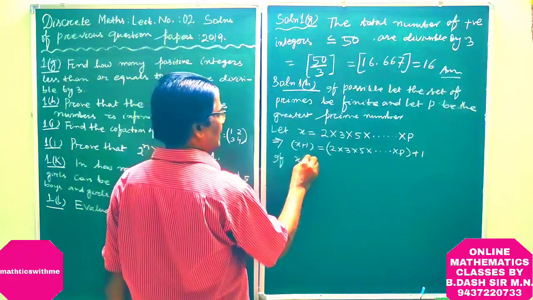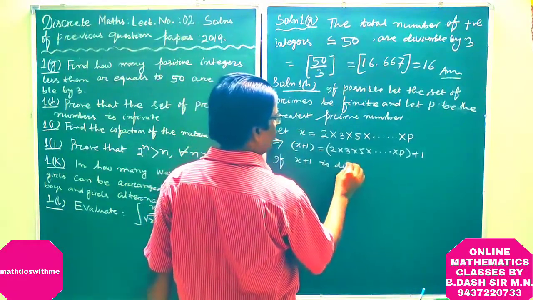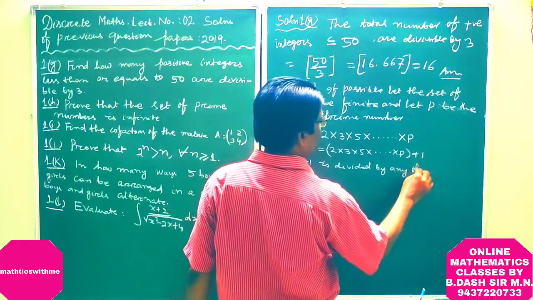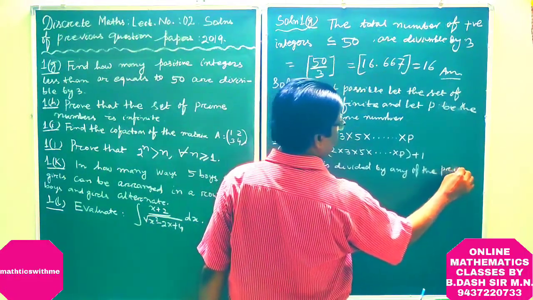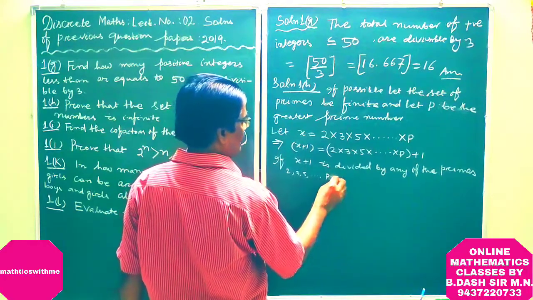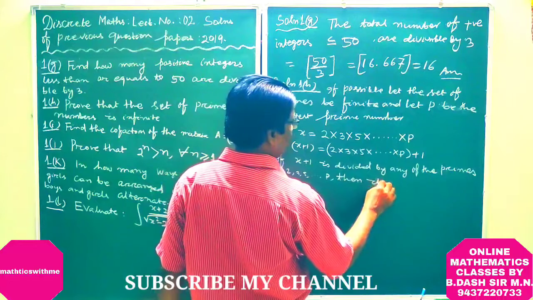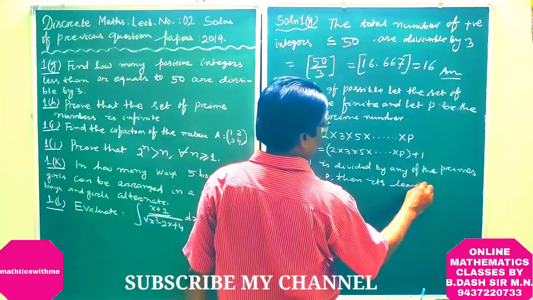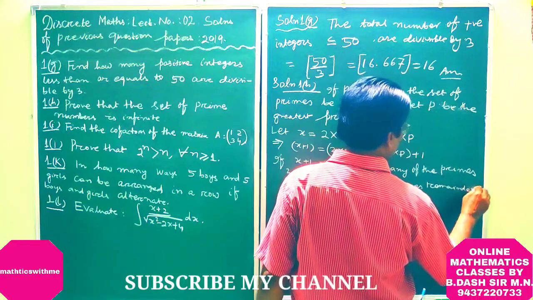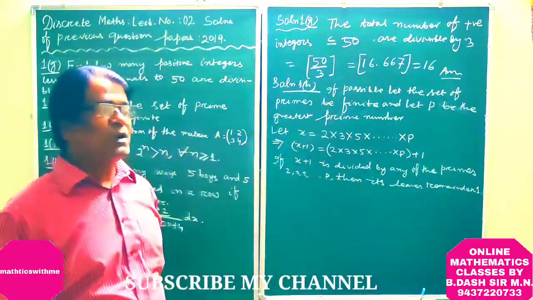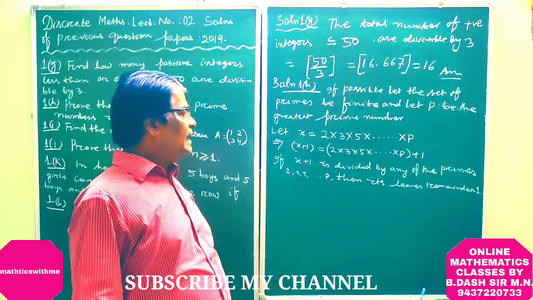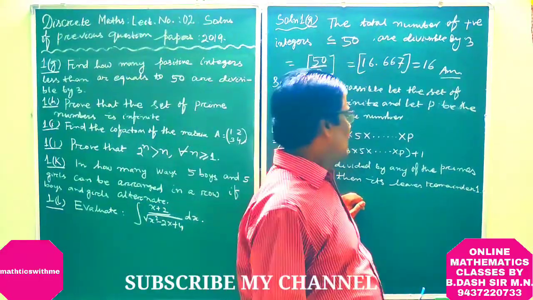If X plus 1 is divided by any of the primes 2, 3, 5, up to P, then it leaves remainder 1.